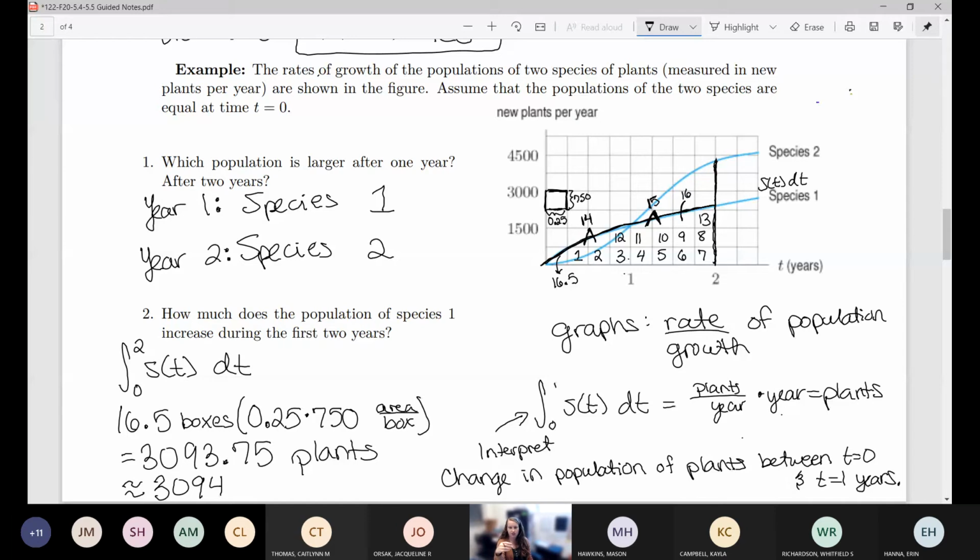We don't know where they started, but for these questions we don't care, because we're just worried about how much they've grown. So for this second question, it was asking how much it's grown, and we've grown by 3,094 plants. There are 3,094 more plants than there were at the start.